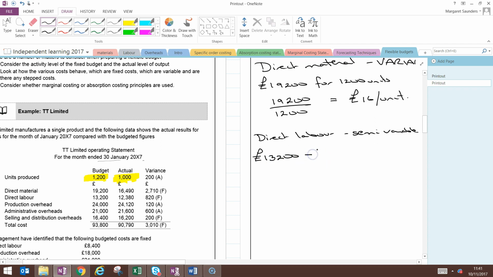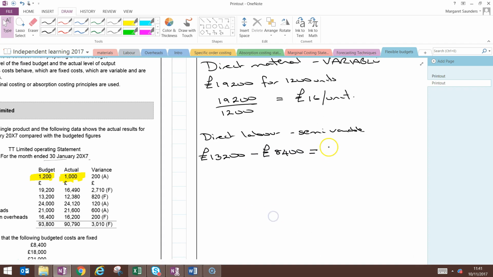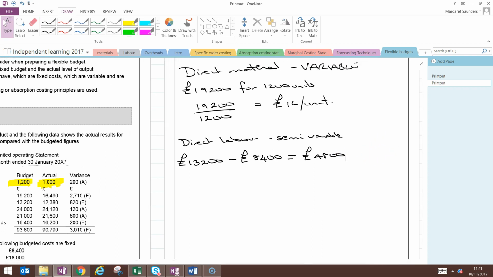If we take away the fixed part, then 4,800 is variable. We need to know the variable cost per unit. So if we now divide the £4,800 by 1,200 units, we get a variable cost of £4 a unit.